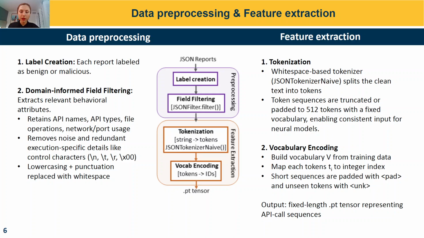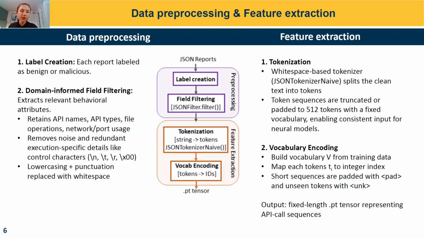The pre-processing pipeline has two main stages. First, we focus on behavioral attributes and remove noise such as control characters and execution-specific details. We extract API names and types, file operations, and network or port usage.